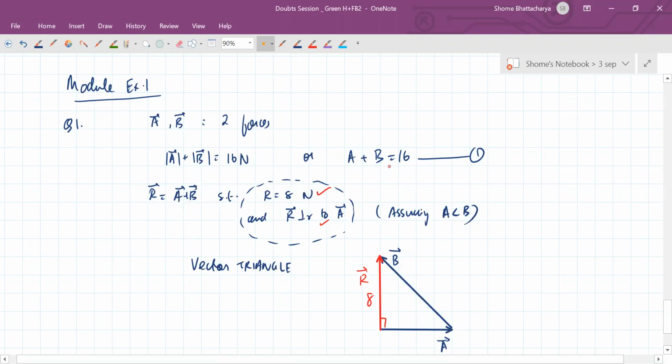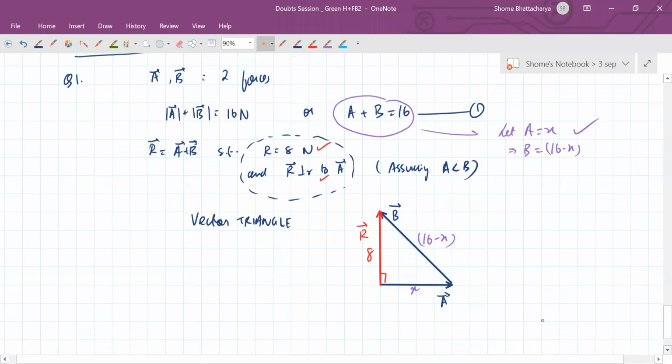Now we also have to use this information. So how we'll use this information is like this, that suppose A is X, then B's magnitude is 16 minus X. So now we made use of this information also. So now just use the Pythagoras theorem.